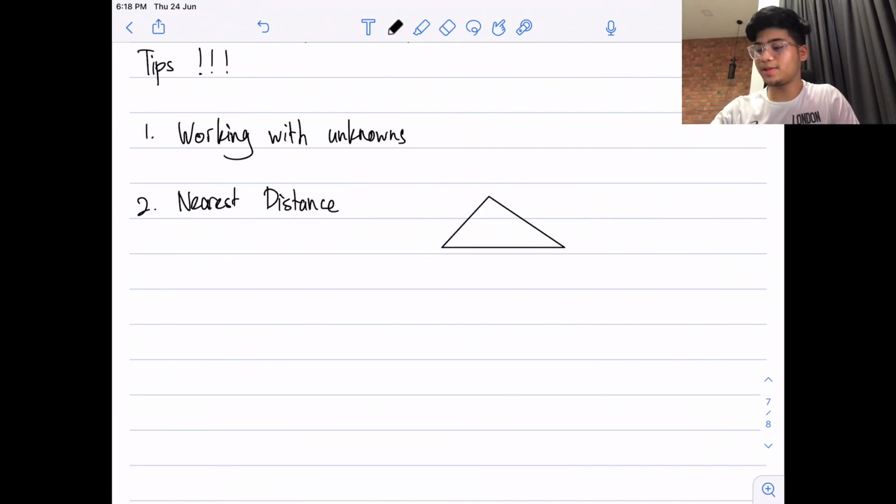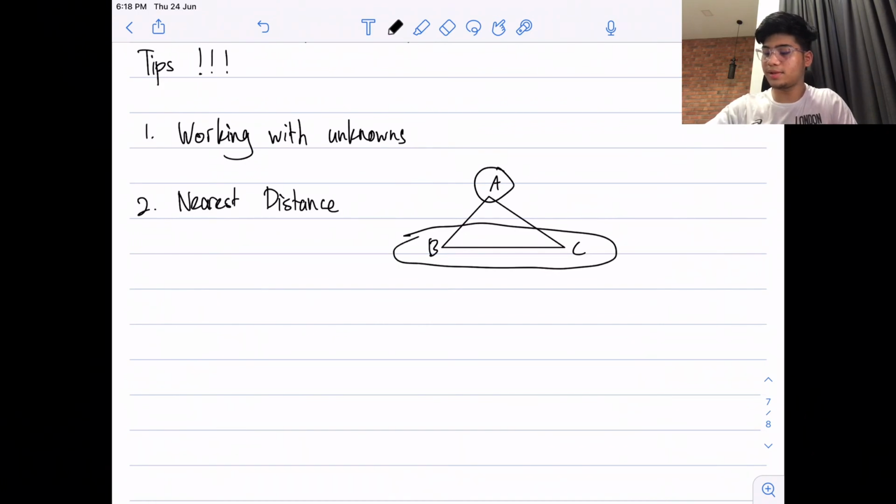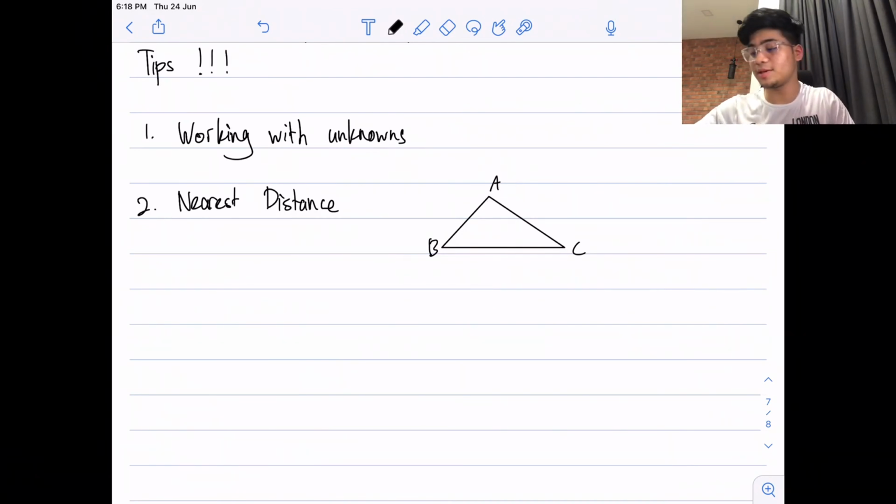Alright, but basically they will give you this point and this point, A, B and C. Actually they'll give you all the points, but then they will ask you to find the nearest distance between point A over here and the line BC. Alright, so the nearest distance wouldn't be our AB over here or AC over here, right? The nearest possible way to get from A to BC is actually this perpendicular line right here.